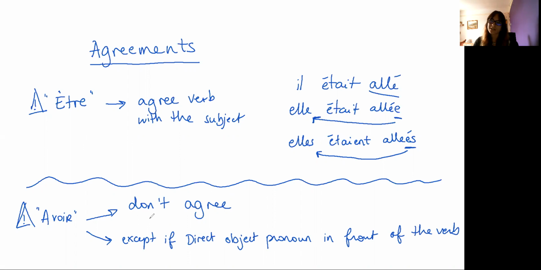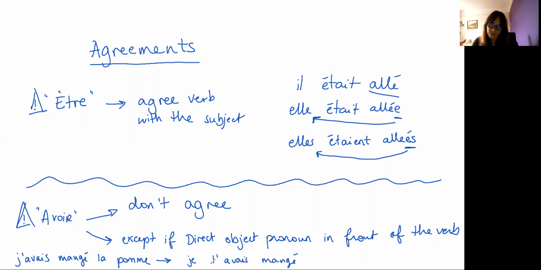Okay, that one was a bit tricky to understand when we had only done the perfect and not the pronouns yet, but now we can understand. So if I say I had eaten the apple, j'avais mangé la pomme, transform it into a direct object pronoun, so je l'avais mangé.